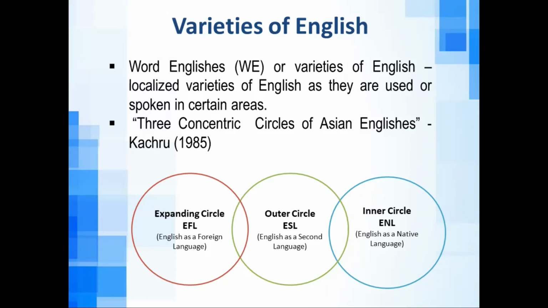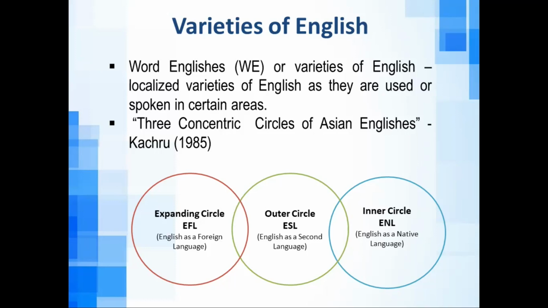There could be three main factors that led to the spread of English. Let's take a look at what these factors are. Before the development of English in those countries that I mentioned a while back, during the diaspora, there were factors that led to the spread of English, and they are: first, British colonialism.